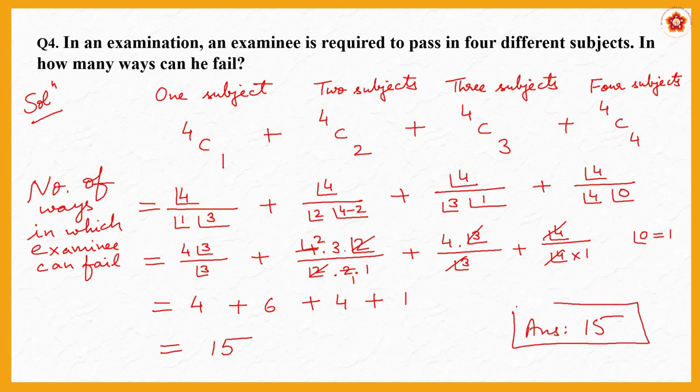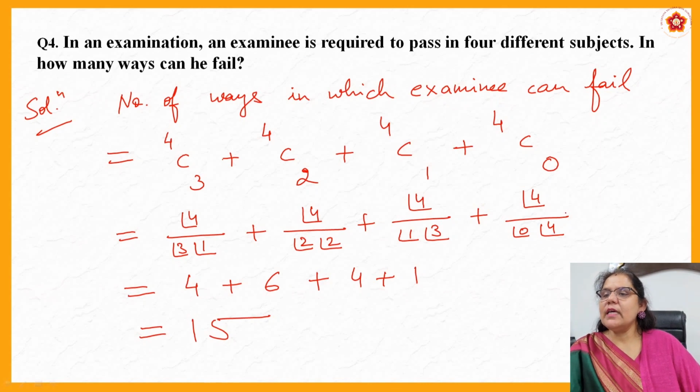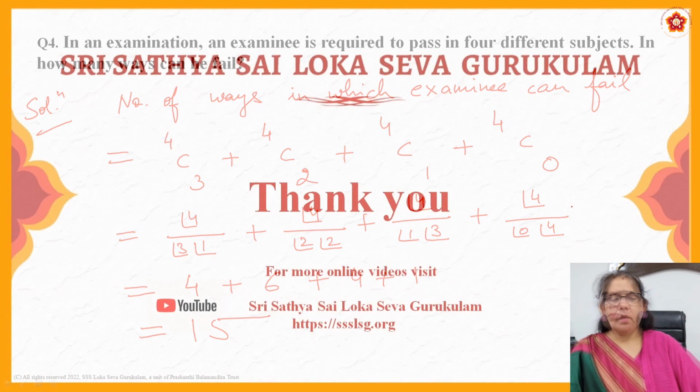I hope the solution is clear to you all. So the number of ways in which the examinee can fail is 15.